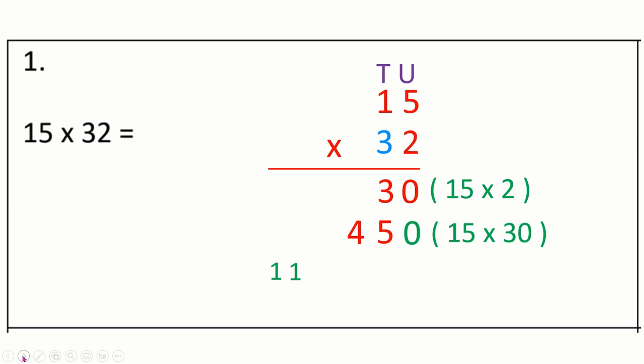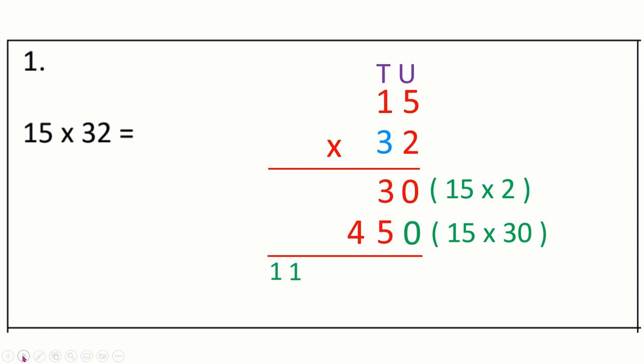Now, had I not put the 0 in there, I would have got the answer 45. And 45 is not the answer to 15 times 30. Remember, when that 3 is in the tens column, it's a 30. So we must make sure we put that 0 in, so that when our answer comes out, it's 10 times bigger, which is what we need it to be.